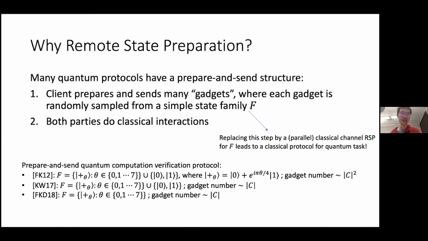And later, in the FKT18 paper, the authors simplify the state family and show quantum computation verification is possible with a linear number of plus theta gadgets. So what we aim to do is to construct a fast parallel classical channel remote state preparation protocol for this state family.